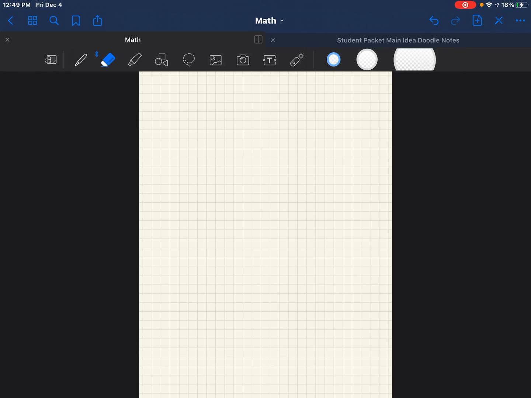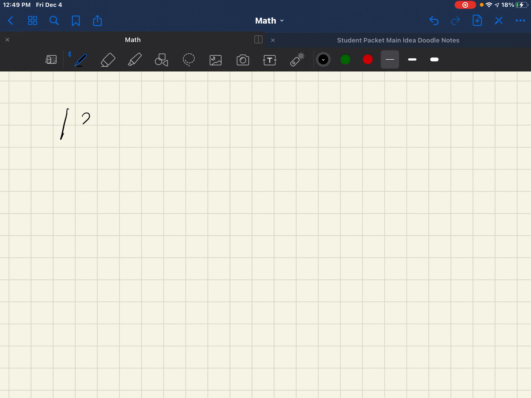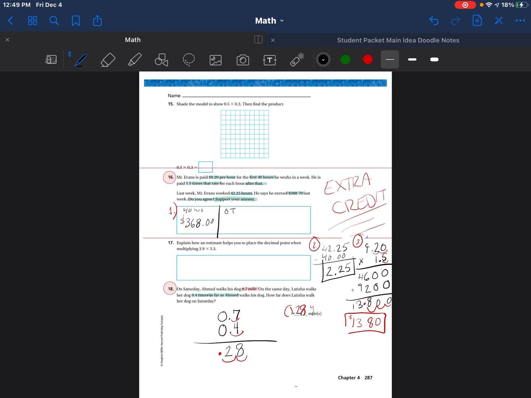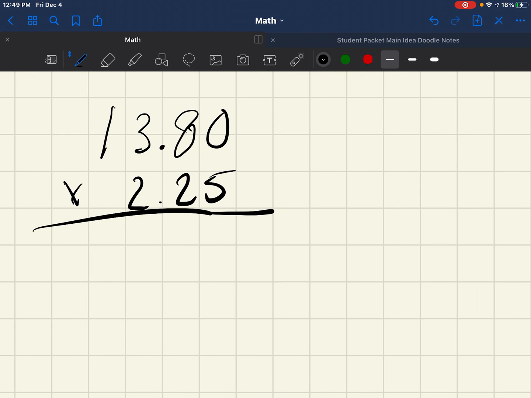All right. So we do take... Let me zoom in here. $13.80 times $2.25. And if you remember, that is what we were doing. We take the amount that he earns in overtime times the time he works over. But we must have made an uh-oh somewhere here.